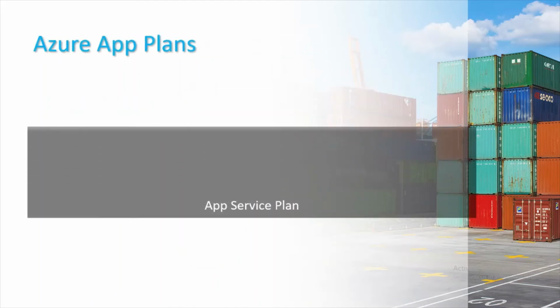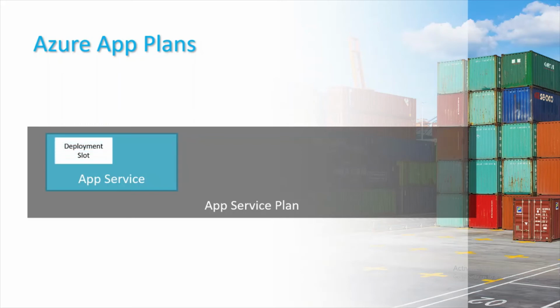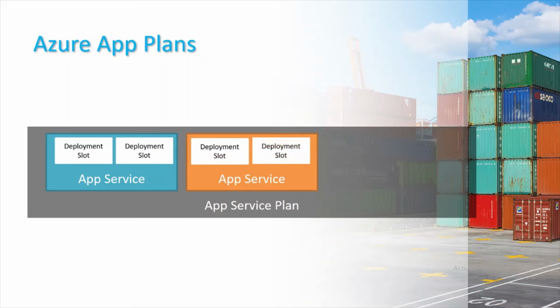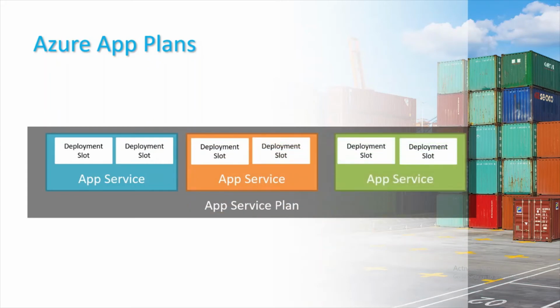It also has the Azure App Service plan. Let's say you build a plan in Azure App Service and containerize your application, and you run multiple apps on a single Azure App Service plan. Let's say we have three of them. This also gives you deployment slots.